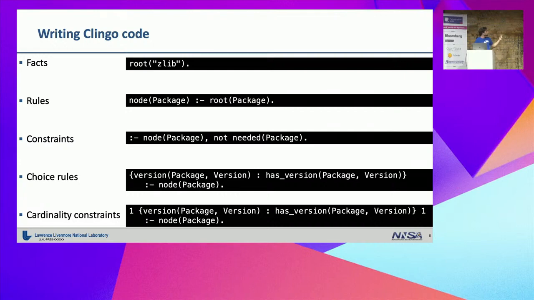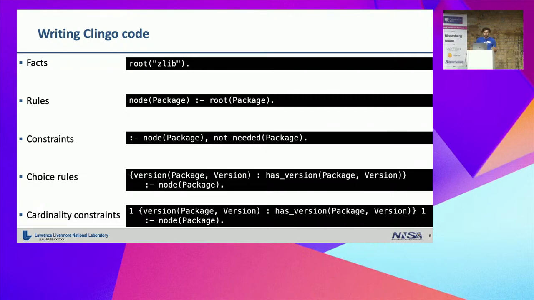There are rules, which generally operate on variables rather than on literals. So if you have a root package, it is also a node in your graph. And so the head of the rule comes first, and it is true if the body is true. The body can have multiple clauses or multiple statements.